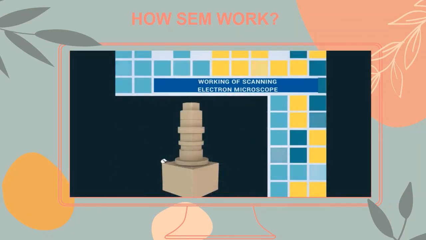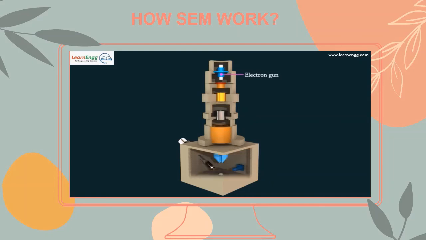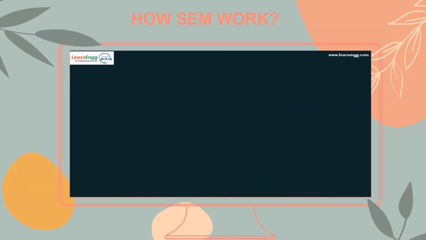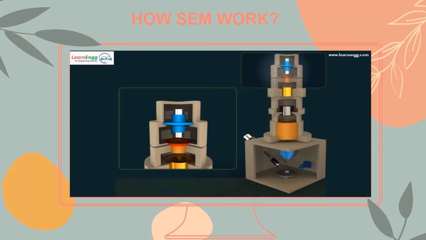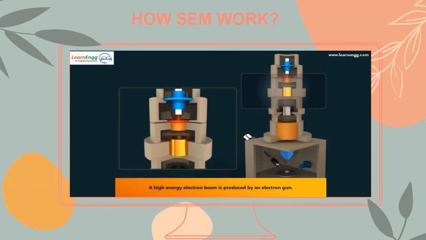Working of scanning electron microscope. In this video, we are going to see about the working of scanning electron microscope. Internal parts of scanning microscope: electron gun, anode, condenser lens, objective lens, X-ray detector, secondary detector. A high-energy electron beam is produced by an electron gun.